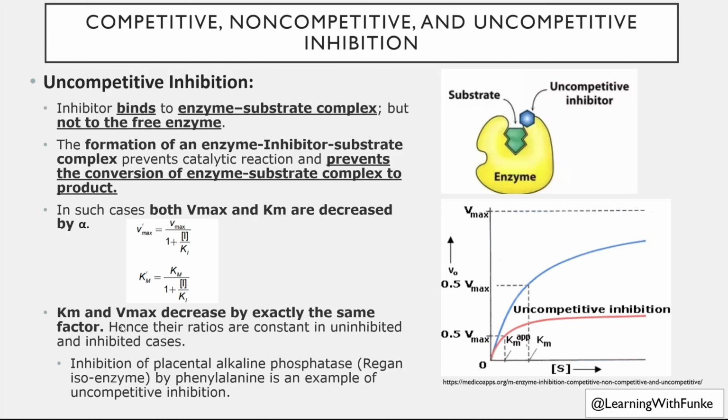So the ratios end up being the same. And that's something that I've seen some of my students get confused about a couple of times. It's important to understand that Km decreases, Vmax decreases, but they both decrease at the same ratio. So the ratio of Vmax prime to Km prime, or Km prime to Vmax prime, would always be the same as Vmax over Km. Okay.